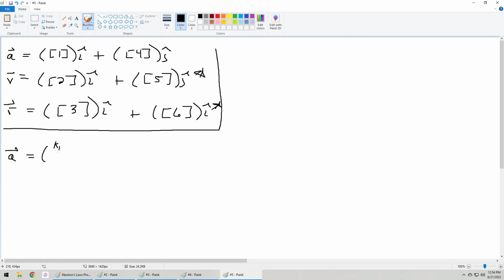We'll have k1 over m plus k2, k3, t cubed over 6m squared in the i hat direction plus k3 times t divided by m in the j hat direction. So that's the acceleration vector.